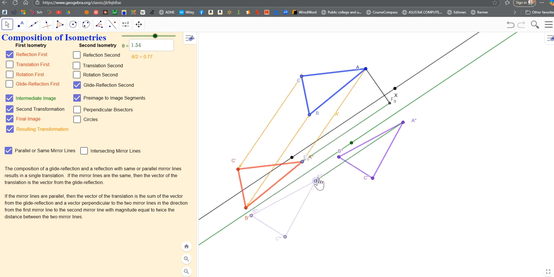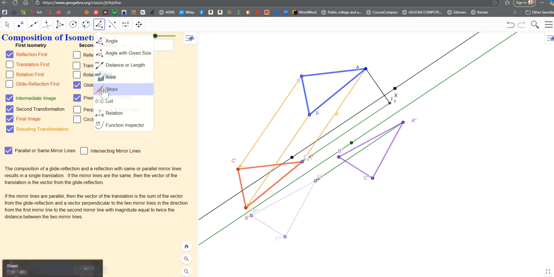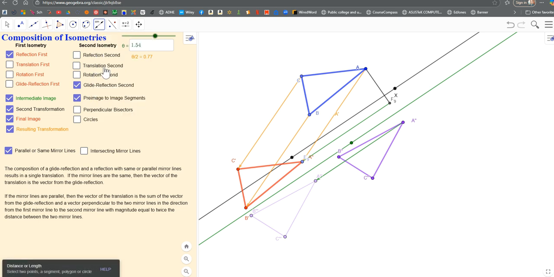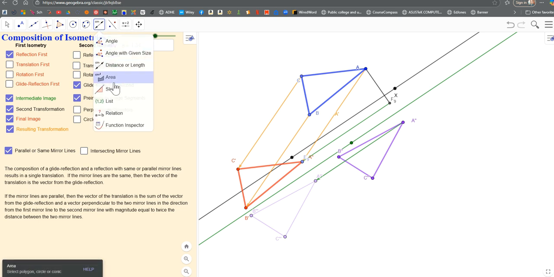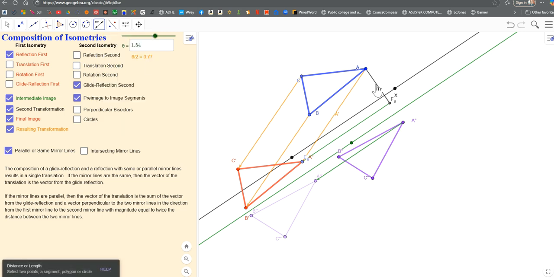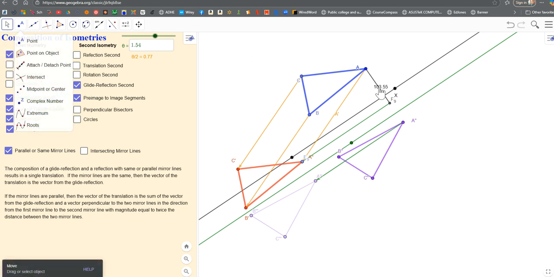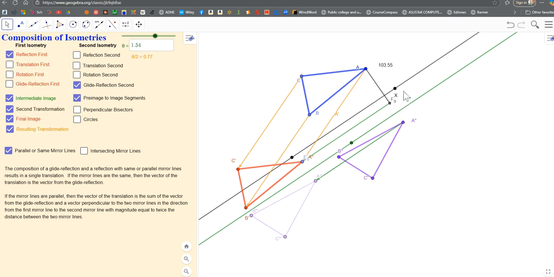Right? All right, let's do one more thing. Let's look at the size of this guy. Okay. And now let's look at how far apart these two lines are. So to do that, I need a perpendicular from here to here.